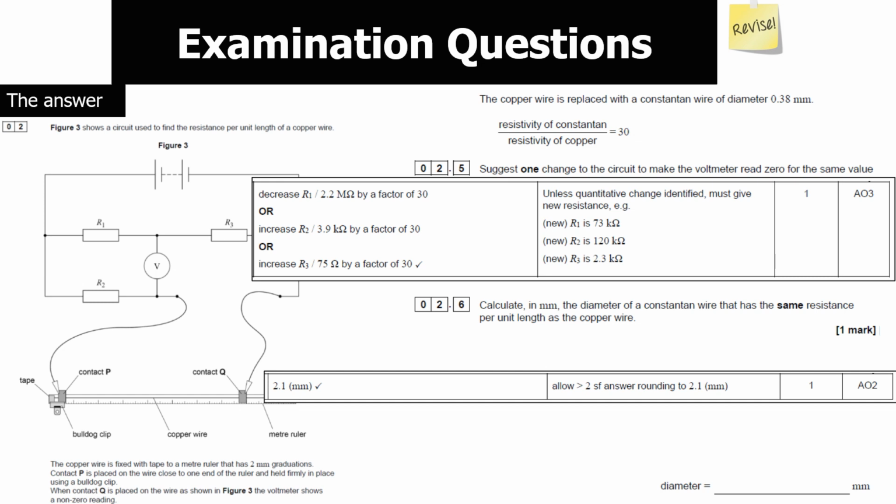So therefore it's going to be equivalent to D squared fundamentally, because the only factor left that can vary this resistivity up by a factor of 30 is going to be the area, which links into diameter squared. So what we can then do is work out the change in diameter, and we get our answer out to be about 2.1.